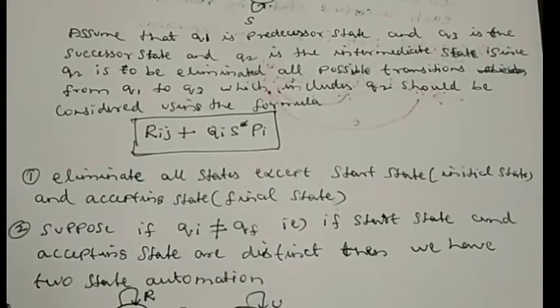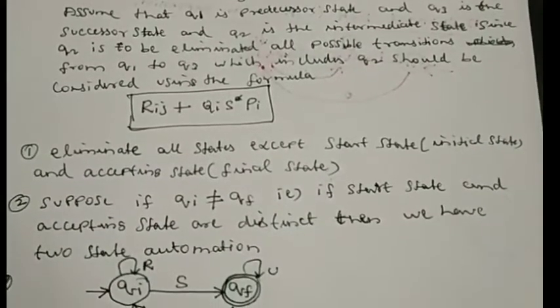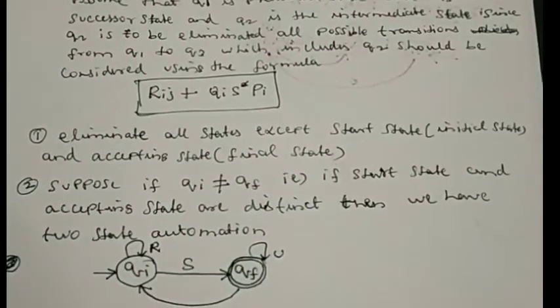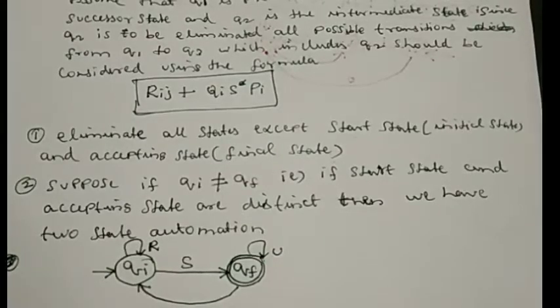Now step number 2. Suppose the initial state Qi and the final state Qf are distinct states, that is, both are not identical.